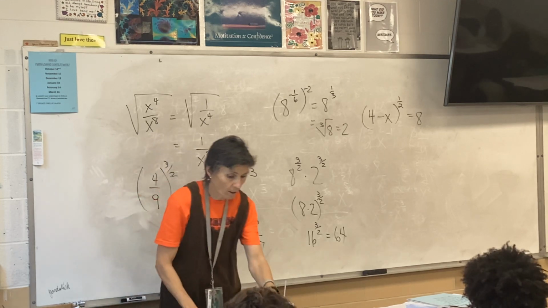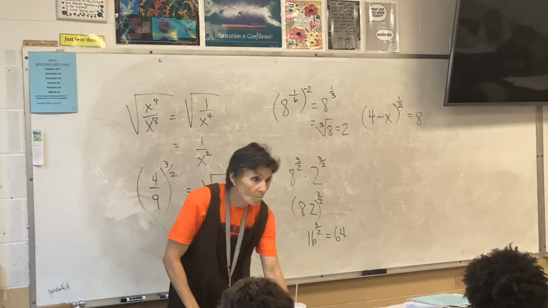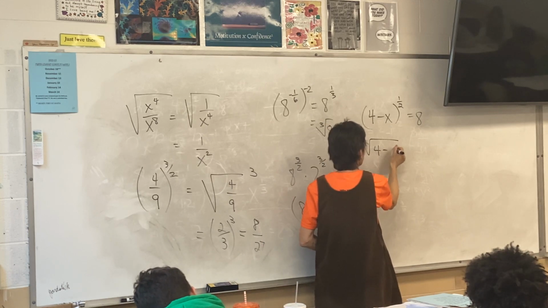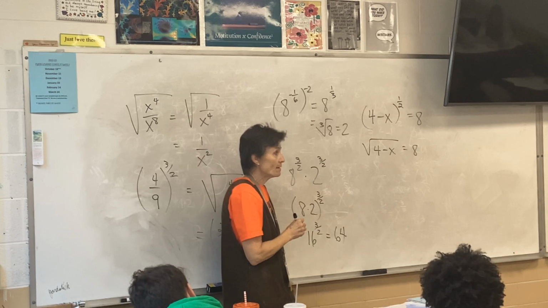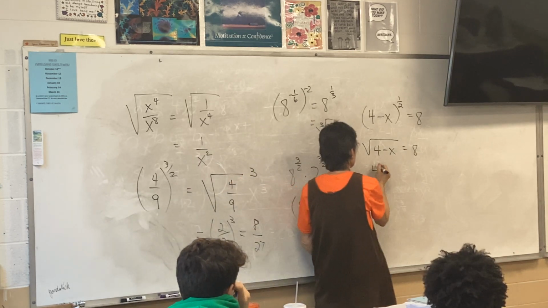What's your thought on this guy? Square root of 4 minus x equals 8. Could you think of this as 4 minus x to the 1/2? Could you do that? And then what would you do if you had to solve that? Square both sides.